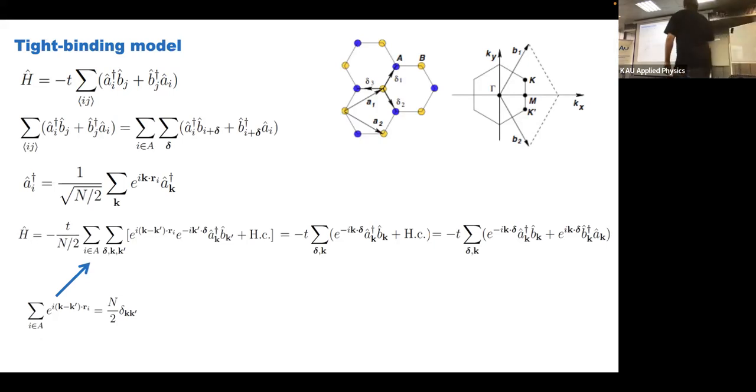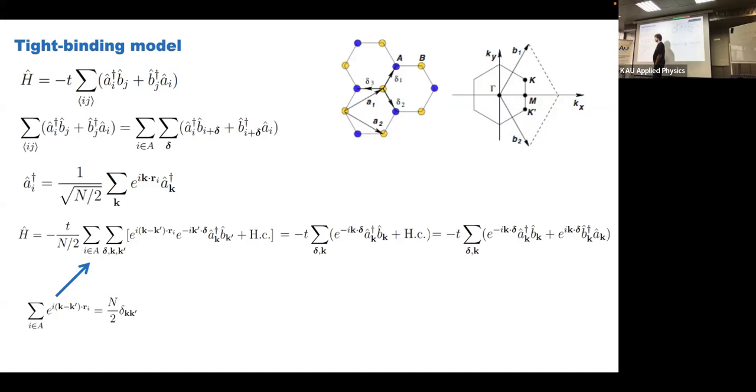You see, what will happen if k and k prime are the same vectors? So these vectors are very close. They're so close that we can say that they are almost the same. When they are the same, we have the delta function from the thing. But when they are not the same, we have 0. Why is it?